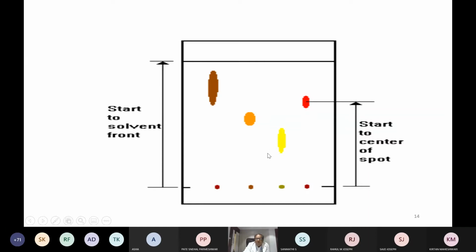For that, at the first position, we will put a mixture of known concentrated amino acids. And in the second and third samples, there will be unknown samples. Depending upon the level to which each moves, we can compare and identify which amino acid is separated.